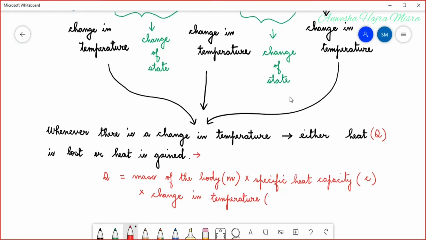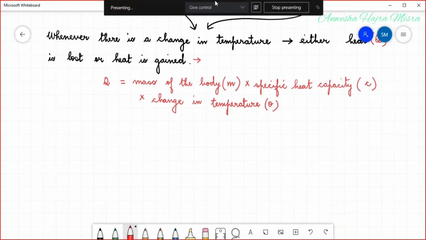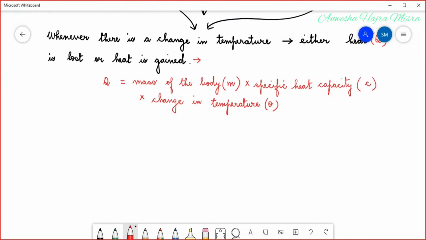Let the change in temperature be represented by the letter theta. So the heat lost or heat gained is mass of the body into specific heat capacity of the body into change in temperature.